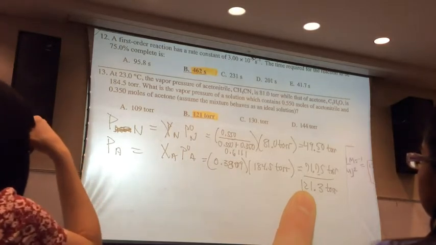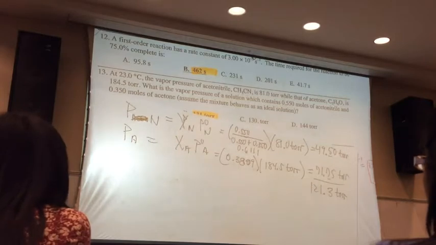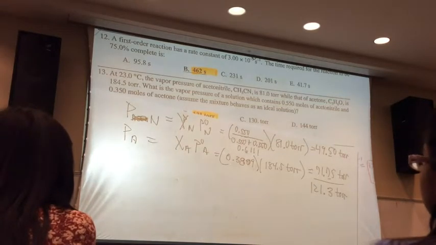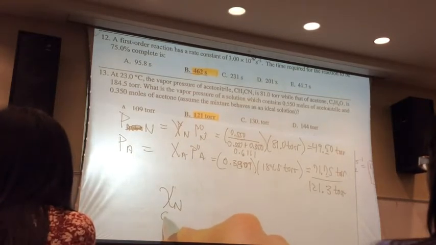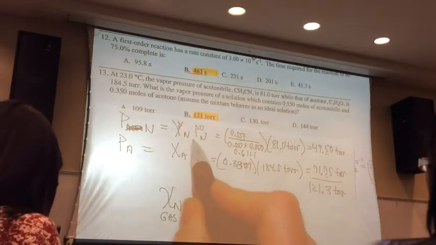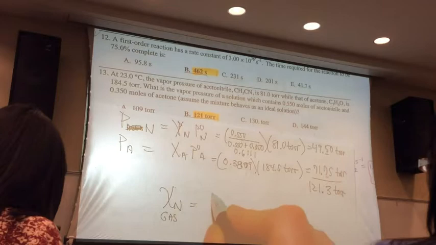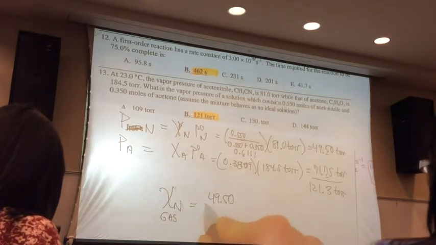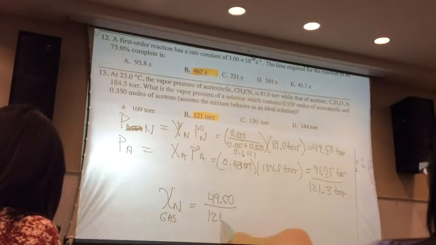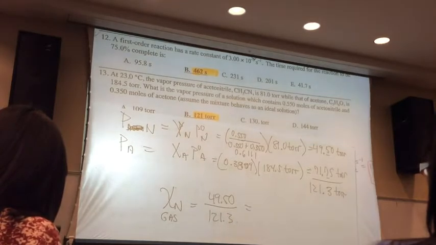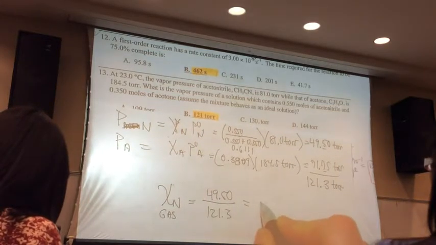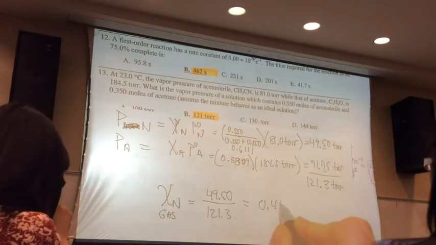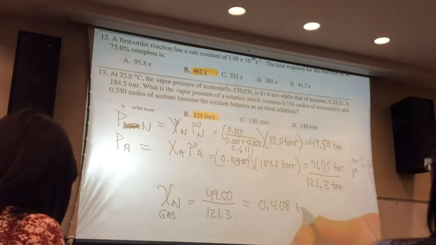Now, if I cared about the mole fraction of acetonitrile in the vapor phase, the gas phase, it would be the partial pressure of the acetonitrile, 49.5, divided by the total pressure, 121.3. And the mole fraction is going to be 0.408.